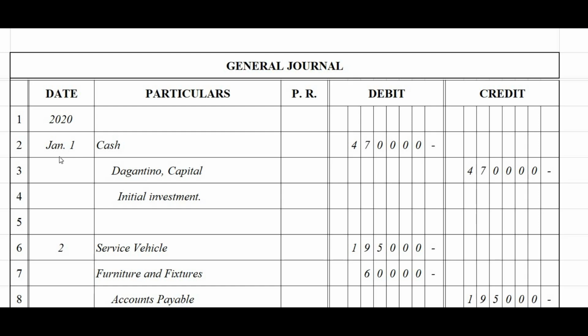We'll start with the January 1 transaction. First, they have cash. Cash here is debited at 470,000. So you're going to transfer this to your general ledger under your cash account.